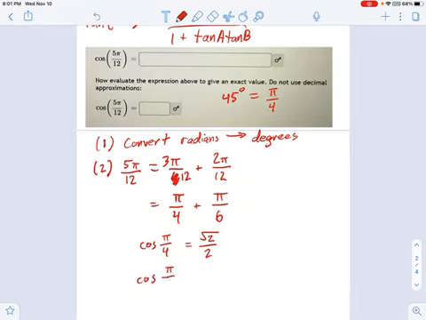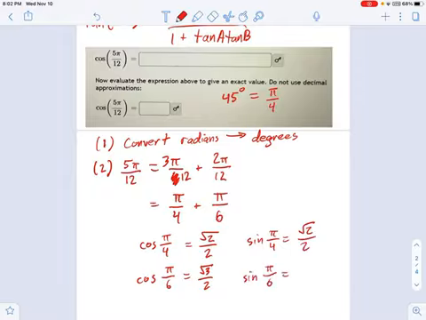Cosine of pi over 6, that's 30 degrees, that's going to be radical 3 over 2. And likewise, you can figure out the sine and so on. I'll just write those here. Sine of pi over 4 is radical 2 over 2. And sine of pi over 6, that's 30 degrees, that would be 1/2.